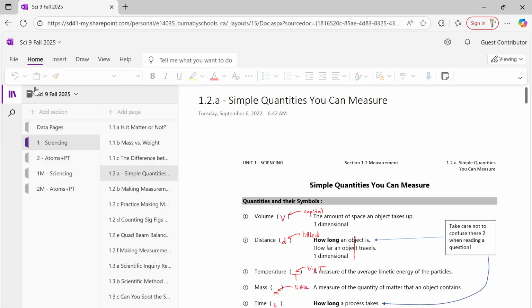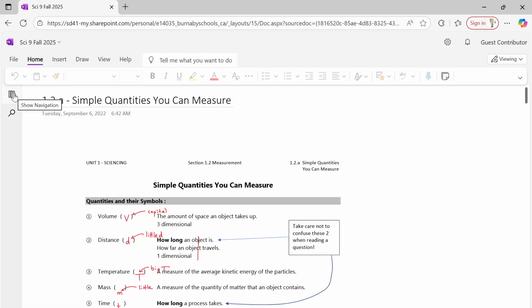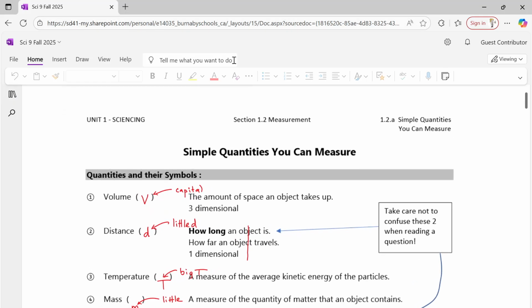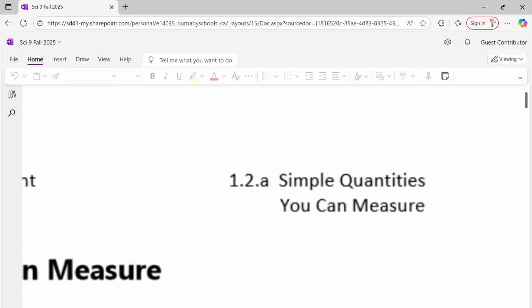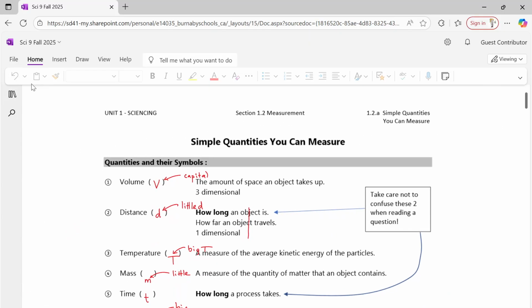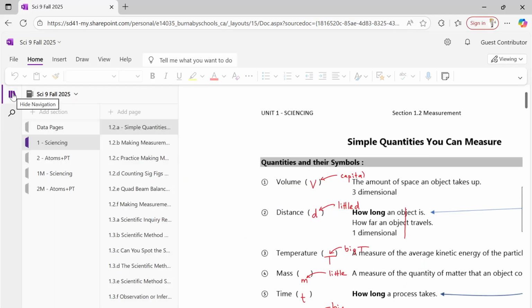If you click on that, it gets rid of all the stuff on the side, and you can make that bigger. If you don't want to be on 1.2a anymore, you can go back to the little bookcase and find whichever section you want, and our notes from that day will be there. So if that is helpful to you, that is excellent. If it's not helpful to you, then don't worry about it.